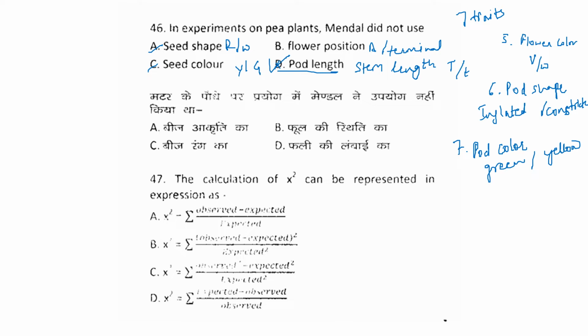And the next question is: the calculation of chi-square can be represented in expression as. So among these, if you see all these options, actually none is right.